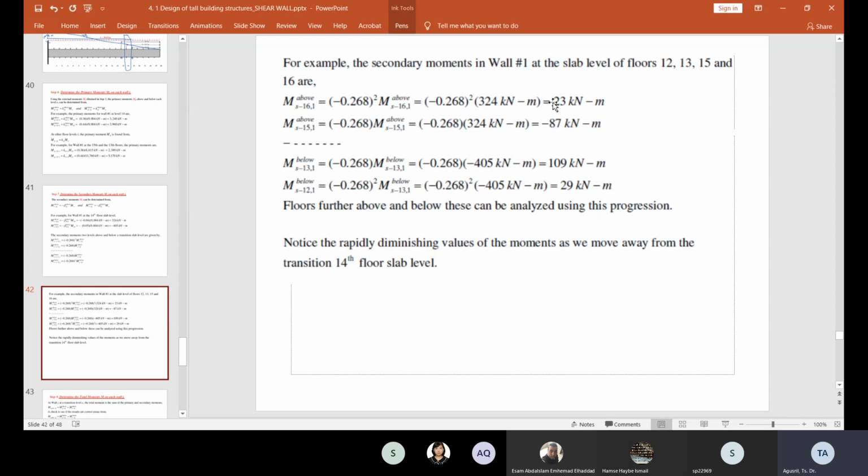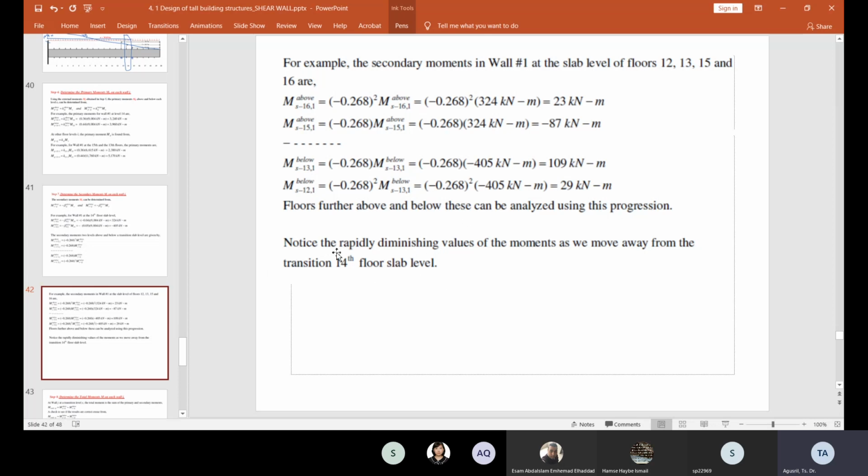So you can see here, by using this equation, the secondary moment at level 16 is 23, level 15 is negative 87. And then for level 13, below 14, is 109, and for the level below is negative, because this positive, this negative, so it becomes negative 21 kilonewton meter.